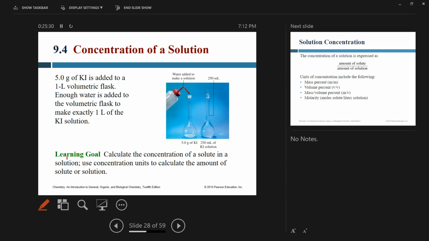Now we're going to chat a little bit about concentration, the calculations. And I want to give you sort of a little, not a rant, but sort of a pep talk. I tell you every time that chemistry is a very visual science. Concentration is a very visual concept. It has nothing to do with math.